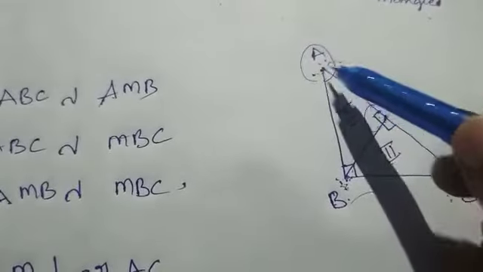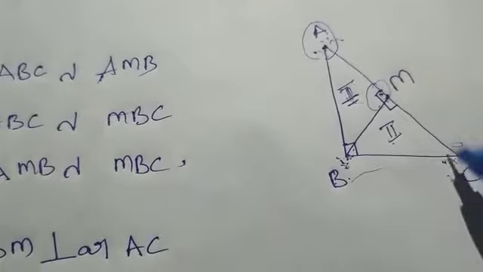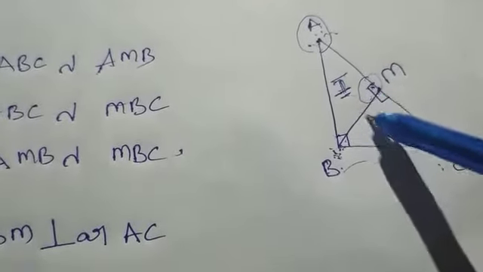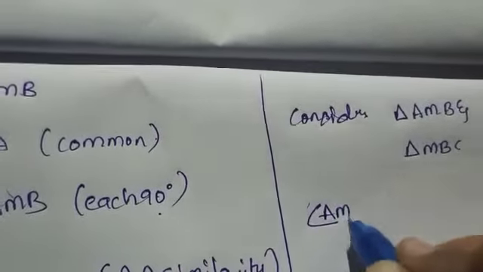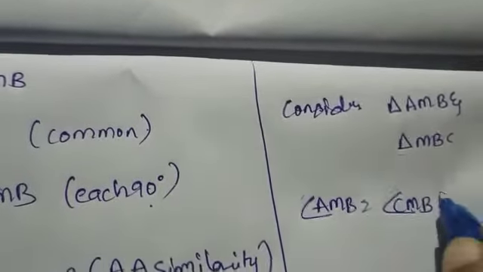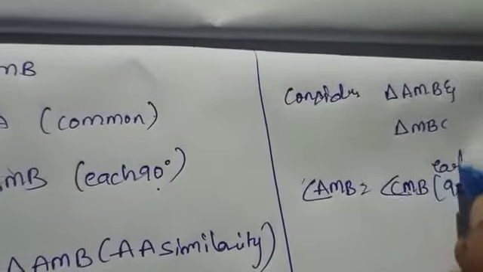Here angle AMB equal to angle CMB, each 90 degrees. Okay, angle AMB equal to angle CMB, each 90 degrees.